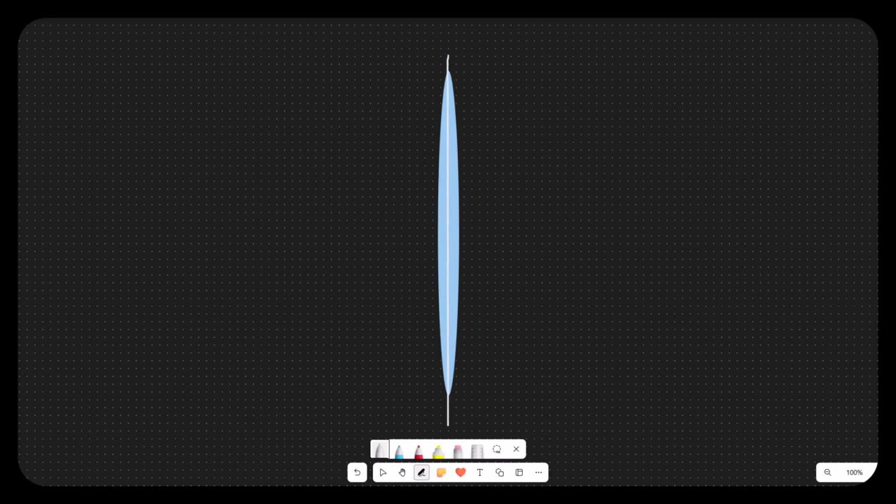Line down the middle. Principal axis. And I want to count out some values. Alright, I have a focal length of 40 centimeters. There is F. And I'm going to call that 40 centimeters.